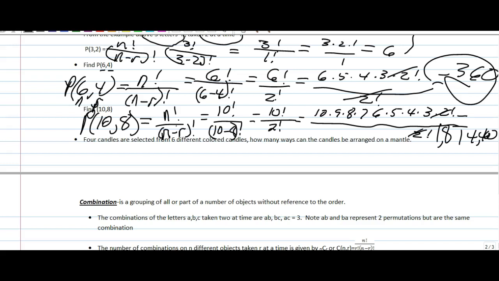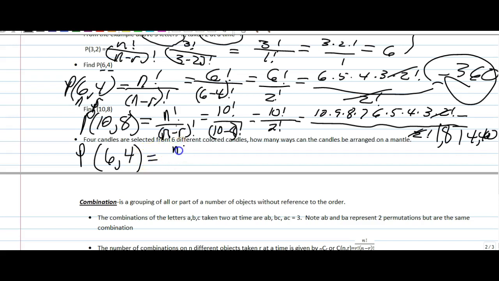Is that important in the particular problem? So here we have an example where we do have a permutation. We have 6 different colored candles, so n is 6, and we want to take them and arrange them on the mantle 4 at a time. So yes, this is a permutation because every time we change the order we have a different arrangement.